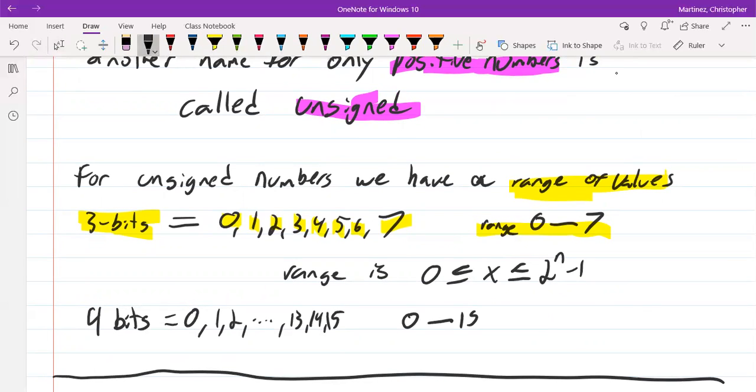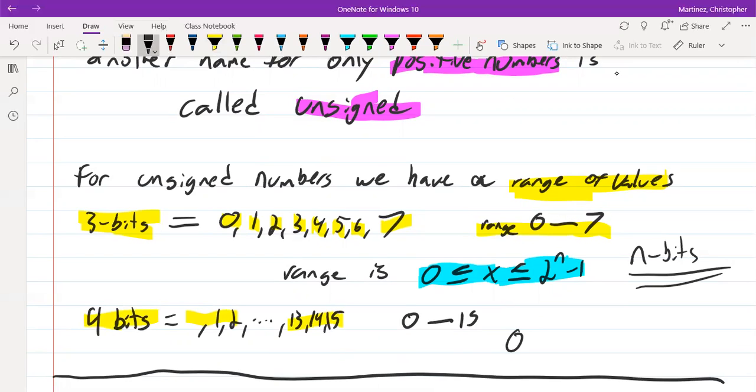So for any n-bit number, we can take that n and substitute it in, and in unsigned, our range is 0 less than or equal to x, and then x less than or equal to 2 to the n minus 1. So for example, if we want to do 4-bit numbers written down here, we're going to go 0, 1, 2, 3, all the way to 13, 14, 15.